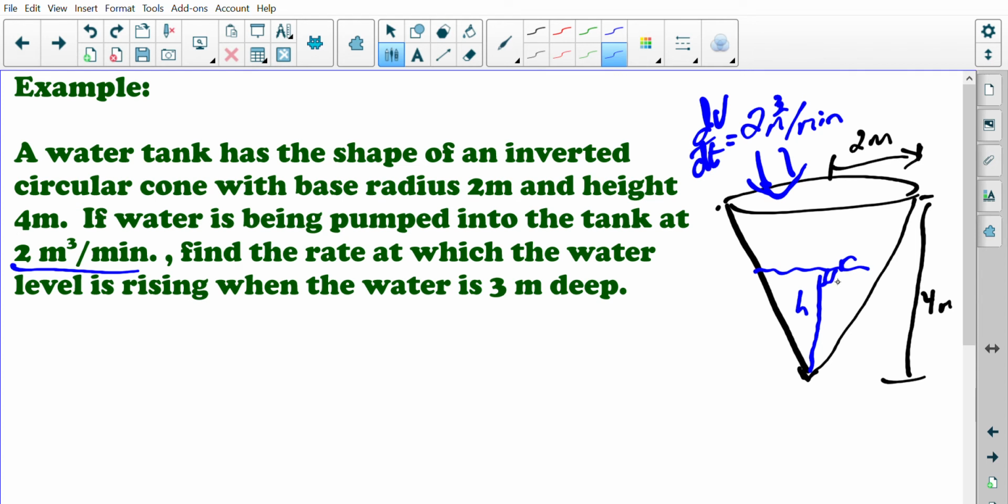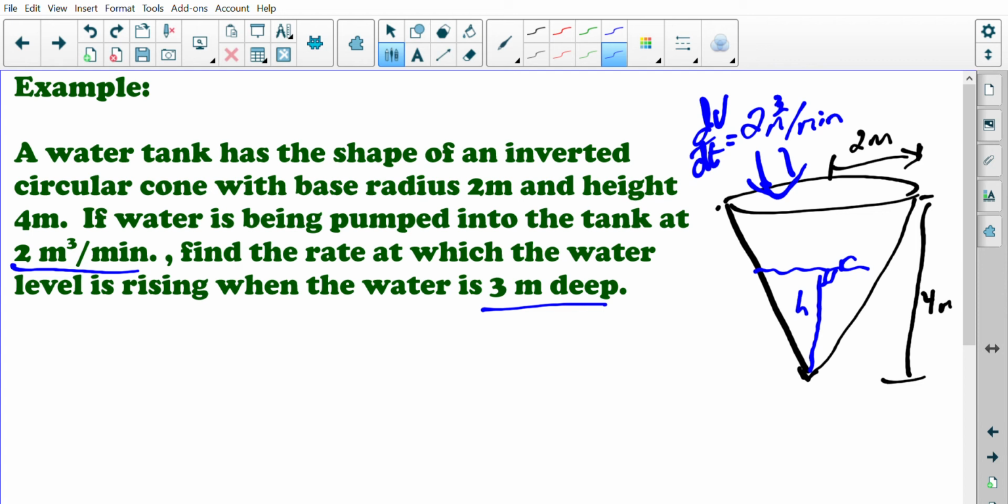Things that are changing, you need to put variables on. The most common mistake students make here is they put 3 where the H is. And again, I ask one simple question: is the water going to be 3 meters deep the entire problem, or is it going to change? Students will say, well, no, it's going to change. As you pour water in, it's going to change. Things that are changing, do not ever substitute until after taking the derivative.